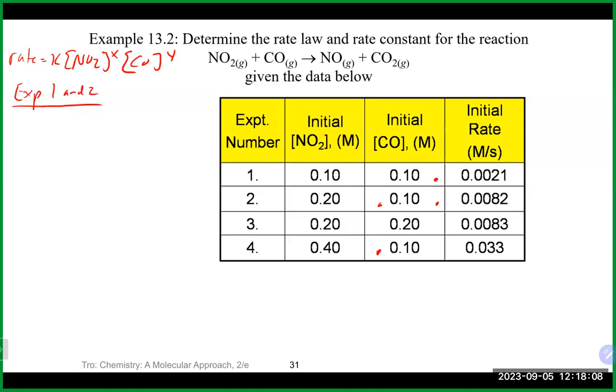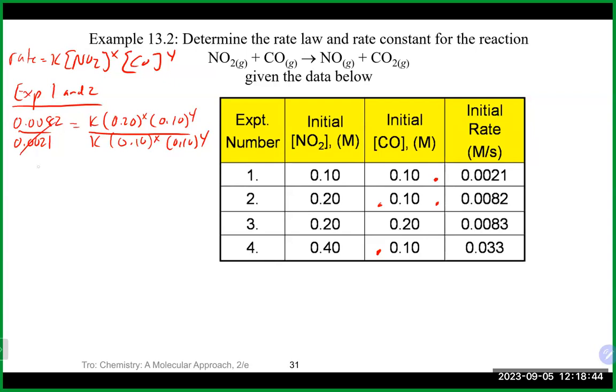I'm going to go with experiment 2 up on top. So it's going to be 0.0082 equals K times 0.2 to the X and 0.1 to the Y. Putting our experiment 1 down on the bottom, it's 0.0021 equals K times our 0.1 to the X and our 0.1 to the Y. Doing a little division here, I'm going to take our 0.0082 divided by 0.0021.